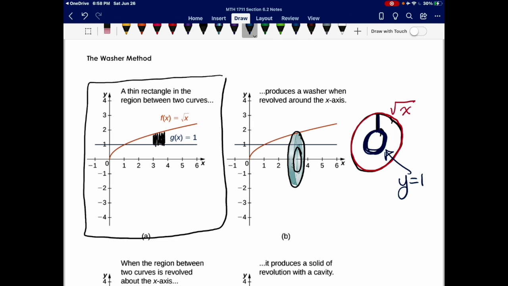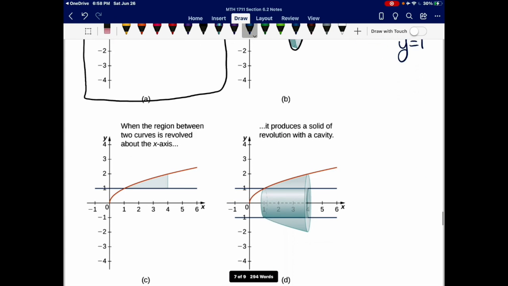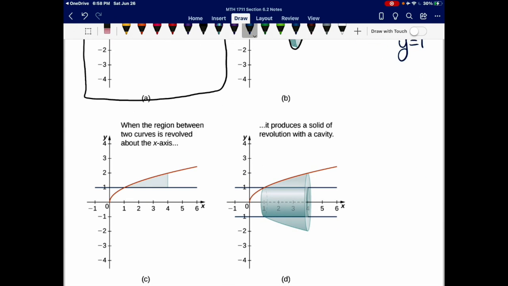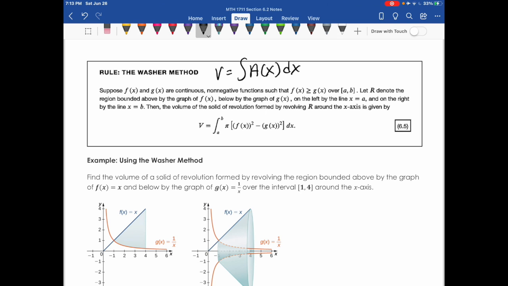Then if I take blue and highlight this middle circle, that's created by the line y is equal to 1. The radius of the washer is the difference in the radii of those two circles. So now when we use the washer method, we're still going to find the volume by integrating the area.